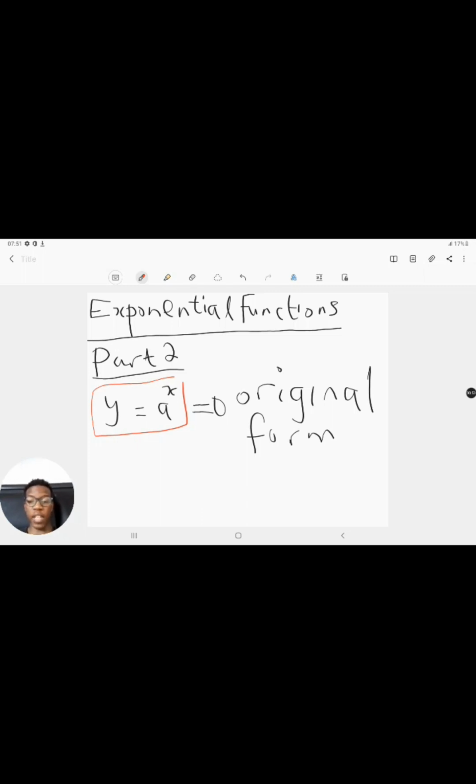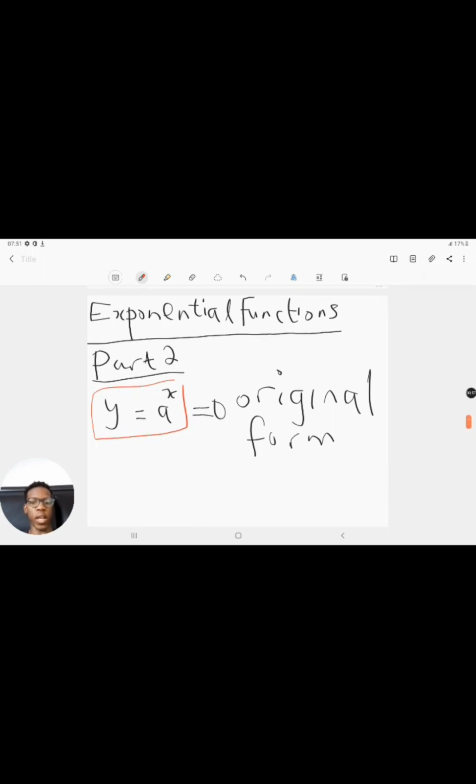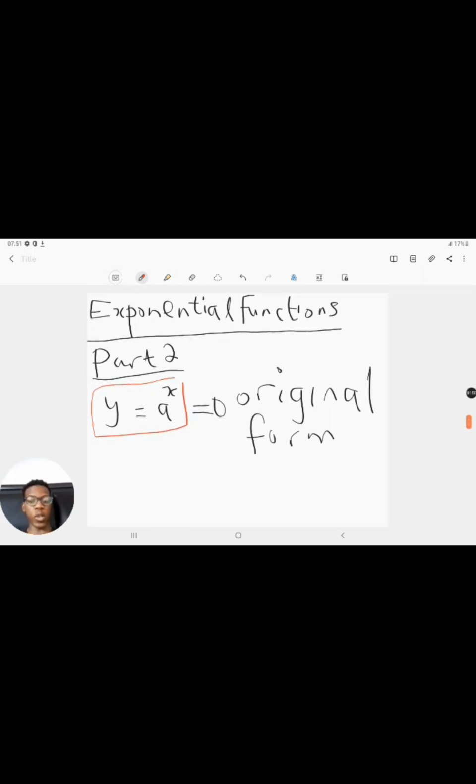We are going to make amendments and add some changes. We're going to add some things to this exponential standard form, the original form, to make the graph behave a certain way. The main aim of this video is to investigate the different ways that the graph can behave when we make additions or changes to this original form. We're not going to fundamentally change the original form.